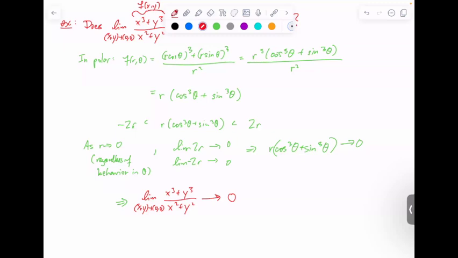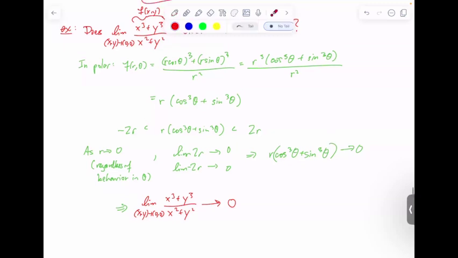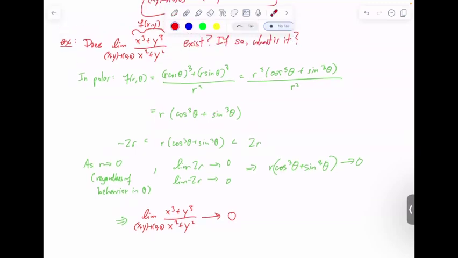So -2r and 2r are bounds because, once again, cosine and sine are stuck between -1 and 1 each. The largest this could be is 1, since 1 cubed is 1, so the quantity in parentheses is between -2 and 2. This is multiplied by r, so you trap it between those bounds.